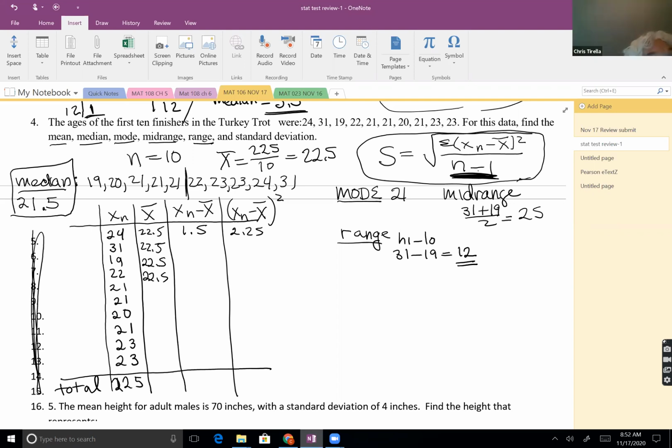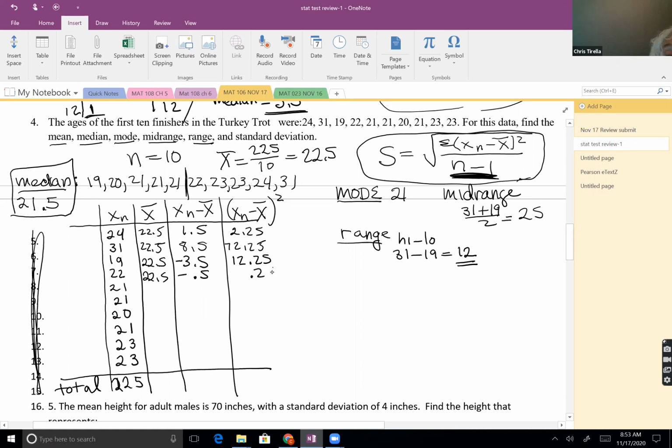And so then filling in the rest, 31 minus 22.5 would give me 8.5. And then with that in my calculator, if I just square it, I get 72.25. 19 minus 22.5 gives me negative 3.5. But remember, when you square it, it turns into positive 12.25. 22 minus 22.5 is negative 0.5.